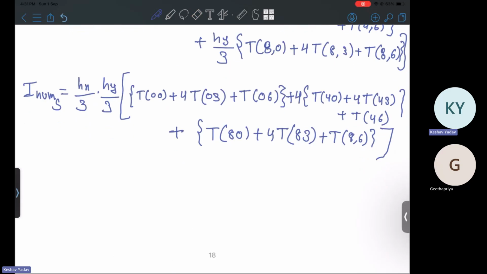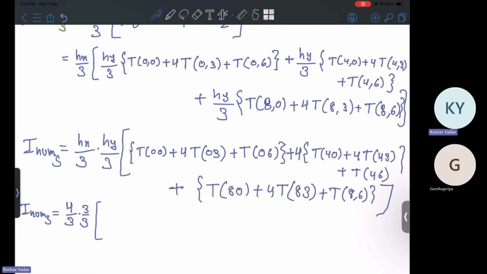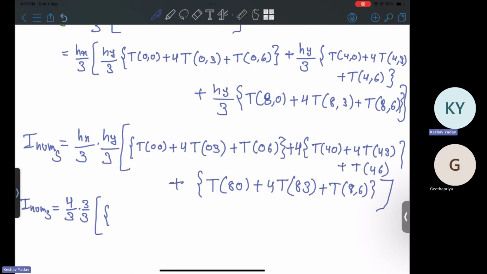Okay. Now we'll put the values here. So this will be equal to what? H of x is 4 divided by 3, and this is 3 divided by 3. T(0,0) is what? Now we'll write the values.